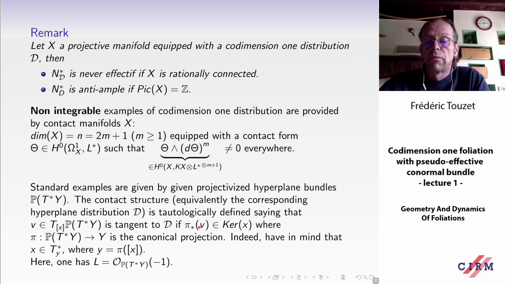It's the same if one multiplies x by a non-zero scalar. Okay, so this defines a hyperplane distribution. One can verify that it is a contact structure. An alternative way to see this is to consider the standard Liouville form on the cotangent bundle.